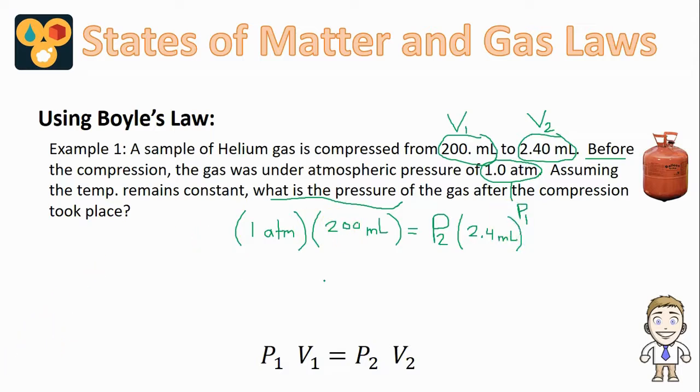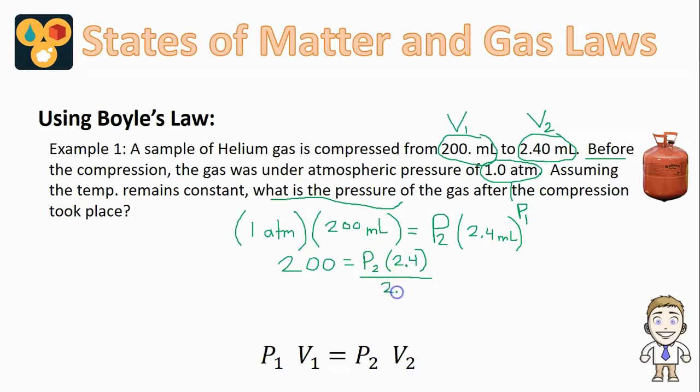From here, you'll just follow some simple algebraic steps to solve for P2, almost like it was an X if this was an algebra class. So let's first simplify down these two numbers, 1 atmosphere and 200 milliliters. And that's a nice easy one because 1 times 200 just gives me 200. The next thing I want to do is get P2 all by itself on one side of this equation, so probably smart since this is multiplication.